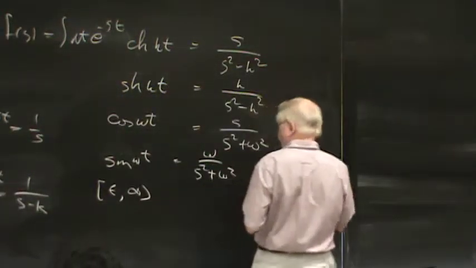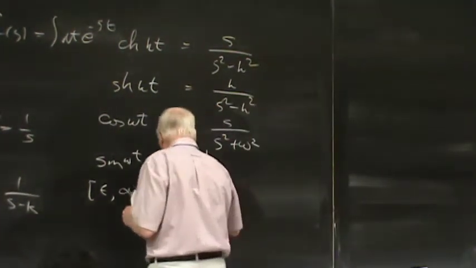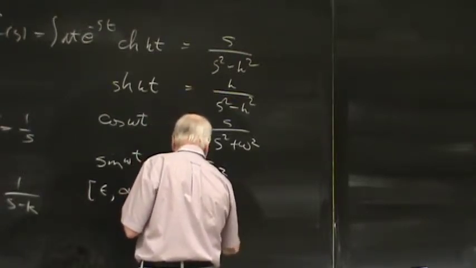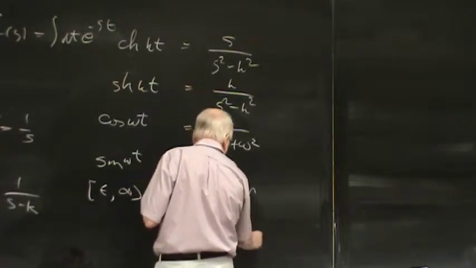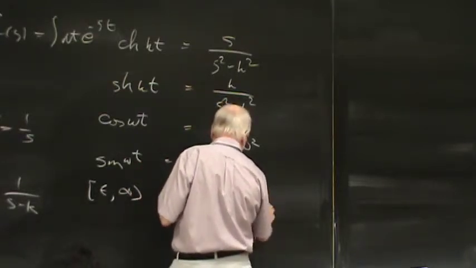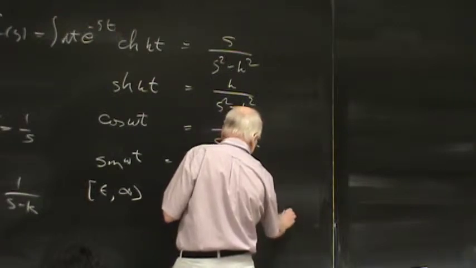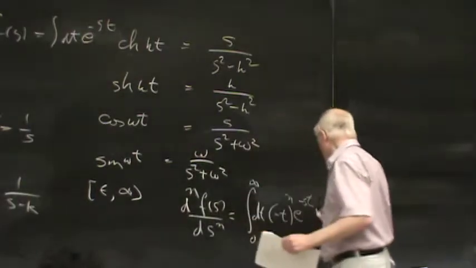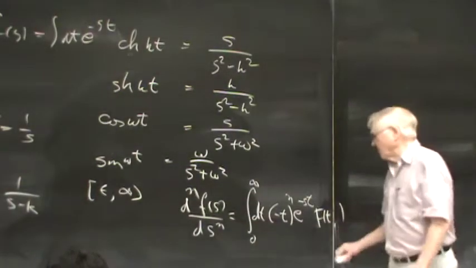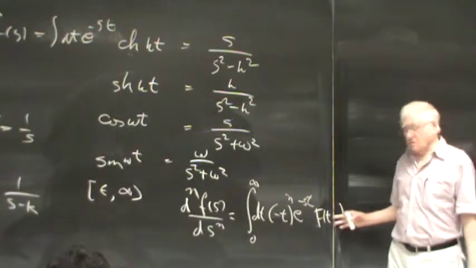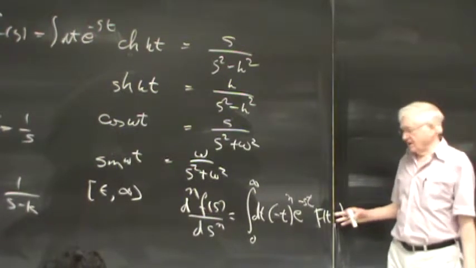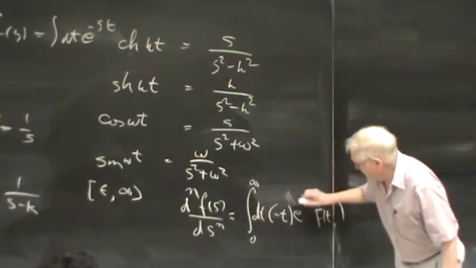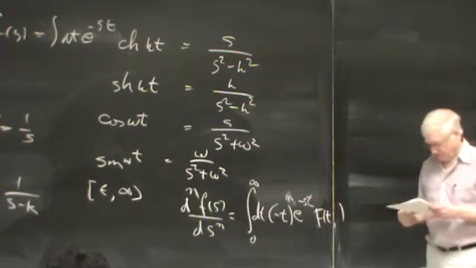So the equation then is d^n F(s) over ds^n is the integral from 0 to infinity dt of minus t to the n, e to the minus st, f of t. So in other words, when you differentiate, it's effectively replacing the function f of t by f of t times minus t to the n.